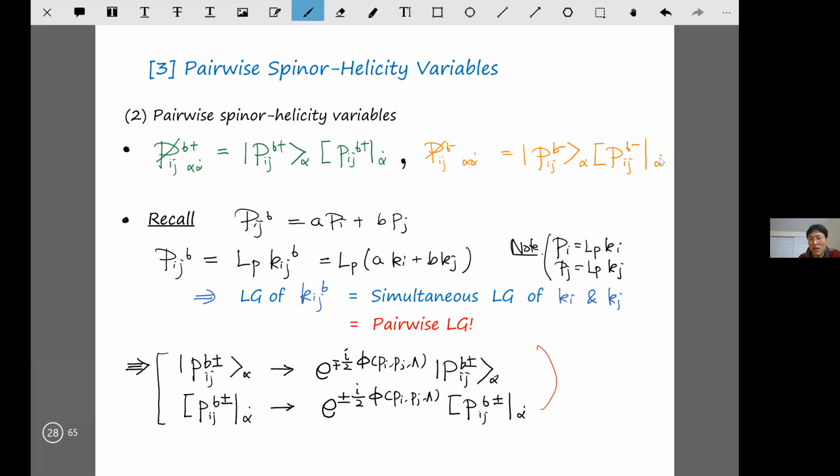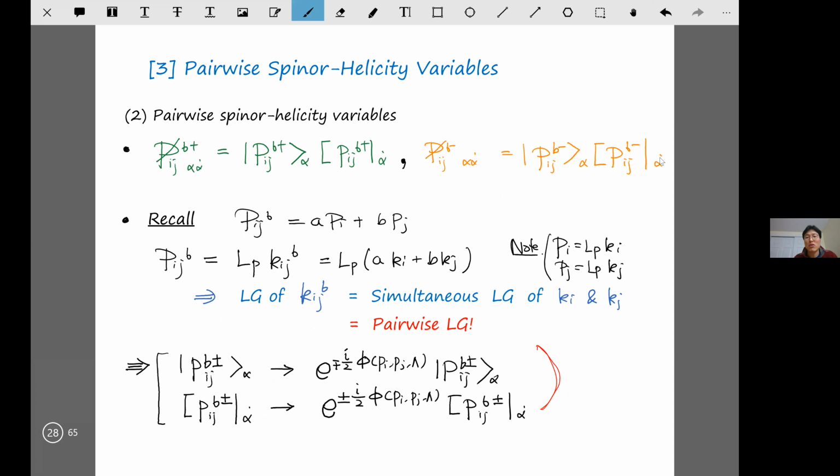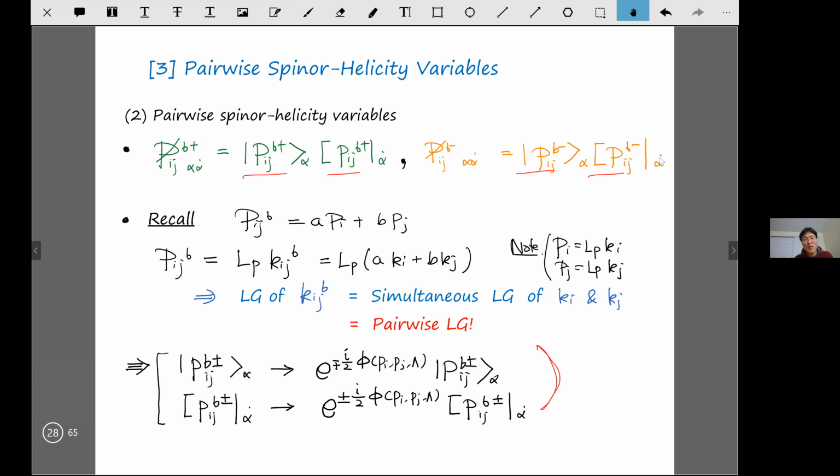But instead of going through that, let me just say that is the case, and I can come back to this point for the sake of time. So now I have successfully constructed the necessary extra spinor helicity variables, which, remember, I did not throw in arbitrarily, but constructed from a given pair of momenta. That's the important part. Good. All right, now let me state the rules of the electromagnetic amplitudes. But before that, are there any questions?